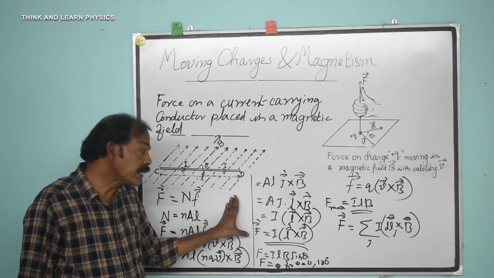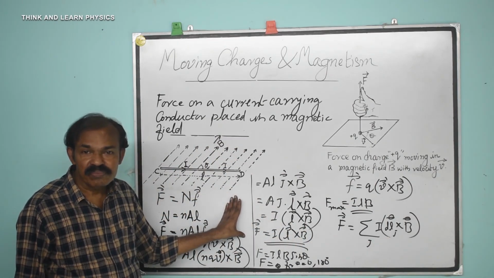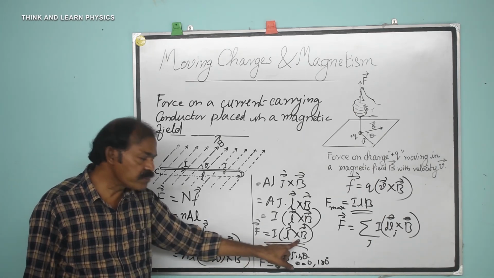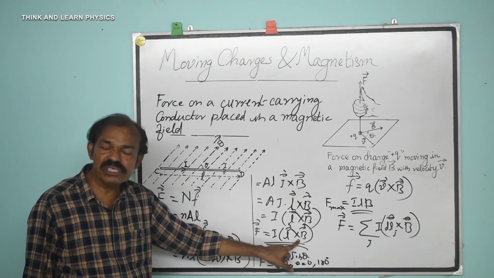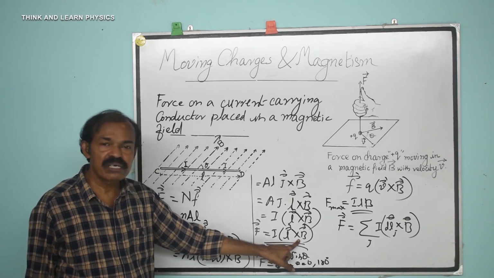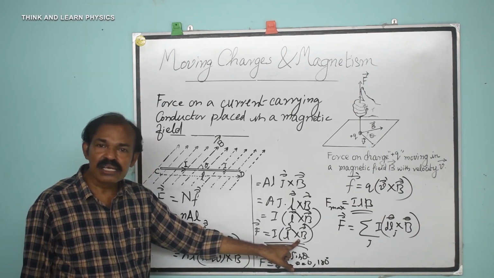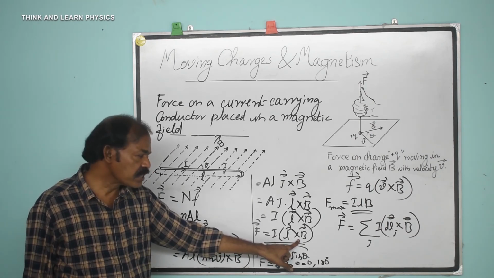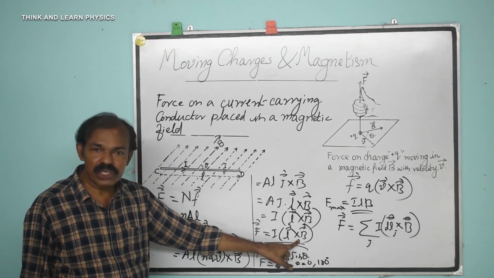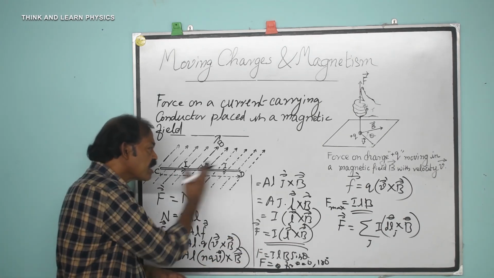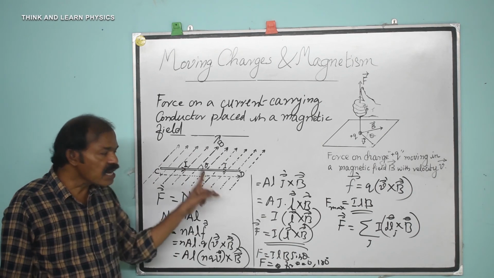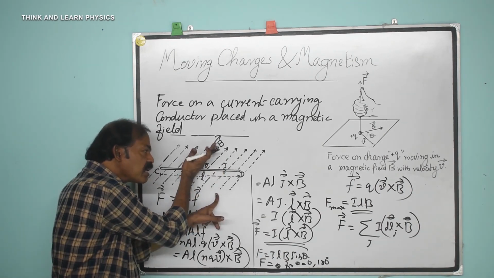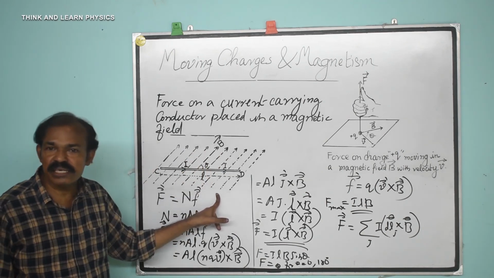Now, what will be the direction of the force? Force has the expression F vector equals I into L vector cross B vector. The direction of the force is given by the right hand rule for the cross product of two vectors. That means F vector will be perpendicular to both the L vector and B vector, towards that side of the plane from which the rotation from L vector to B vector through the smallest angle appears anti-clockwise.